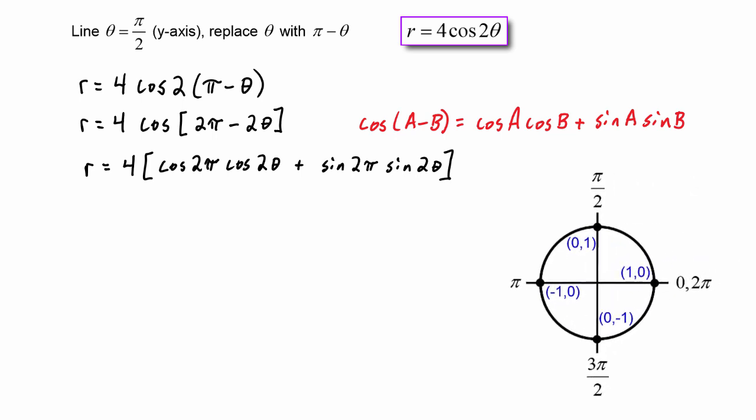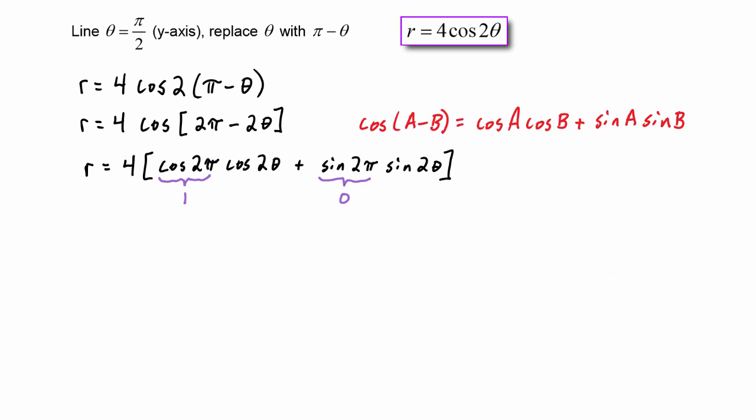We can plug in function values. Cosine of 2 pi is equal to 1. Sine of 2 pi is equal to 0. So our equation becomes r equals 4 times the quantity cosine of 2 theta plus 0, which simplifies to be r is equal to 4 cosine of 2 theta.